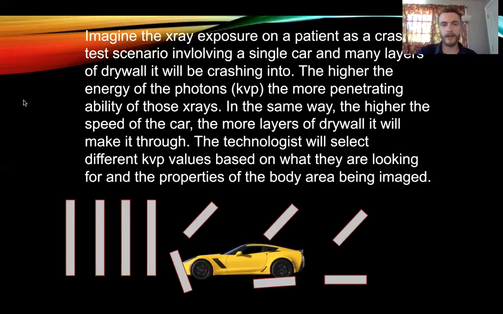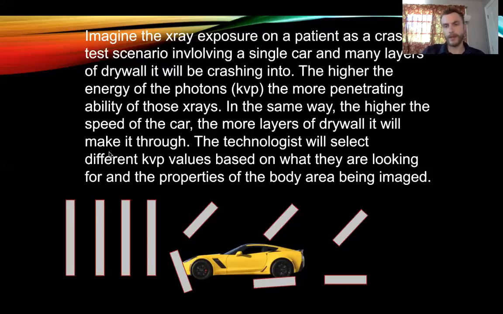So imagine that the X-ray is going towards a patient as a crash test scenario involving a single car and many layers of drywall that it'll be crashing into. The higher the energy of the photons, the more penetrating the ability of those X-rays.